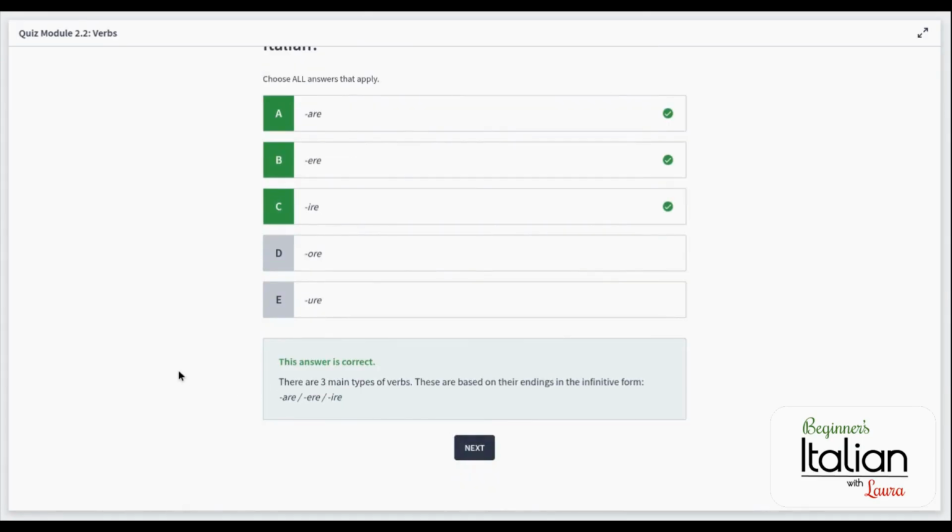Letters A, B, and C are the correct answer. There are 3 main types of verbs. These are based on their endings in the infinitive form: are, ere, and ire.